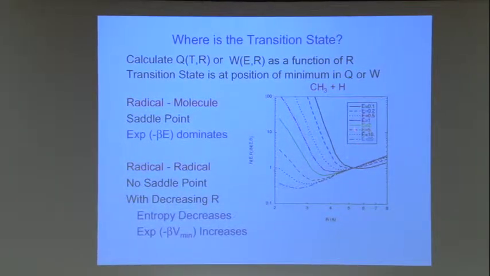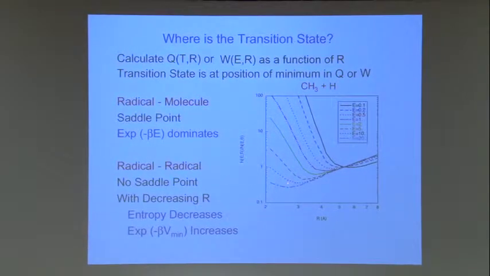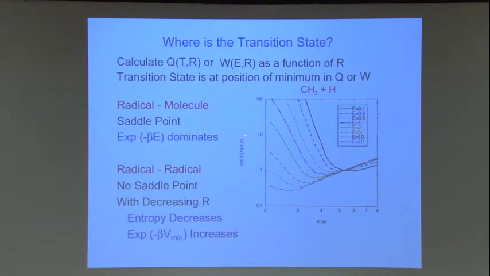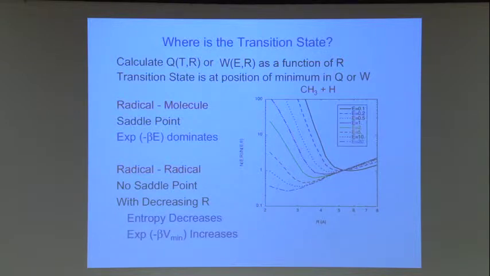Then, as we move up in energy, the minimum goes down in value, sorry, and occurs at much smaller distances. So this is actually the density of states as a function of distance. This is the density of states as we come in divided by the density of states when they're widely separated. And so that minimum is the minimum in the density of states.